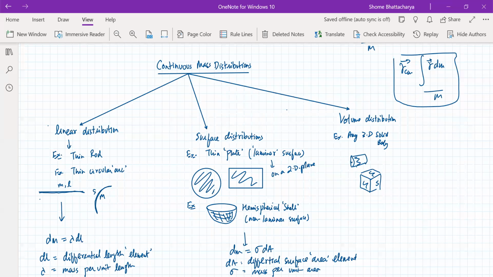And when it comes to volume distributions, dm is a volume element. So it is written as rho dv, where dv is a differential volume, a very small part of the volume of the entire three-dimensional object. And rho is volume density, mass per unit volume.